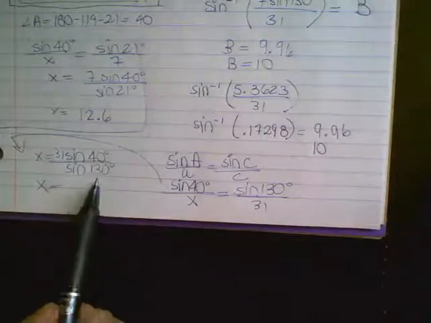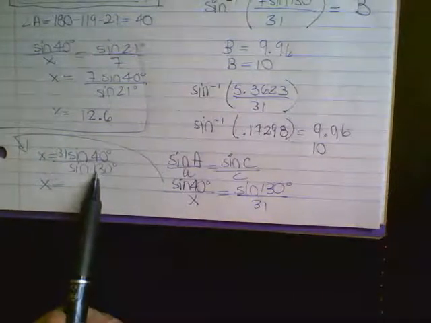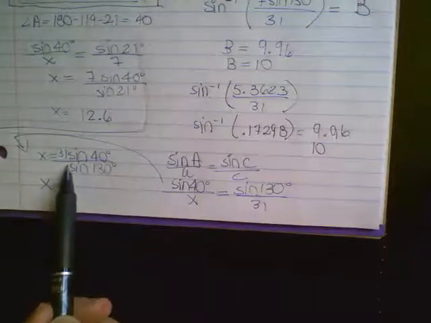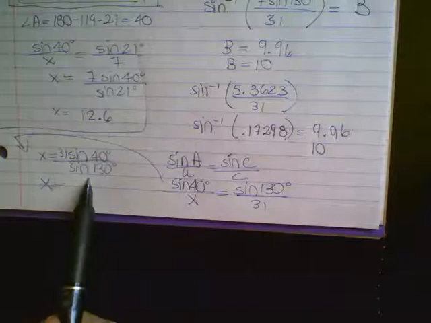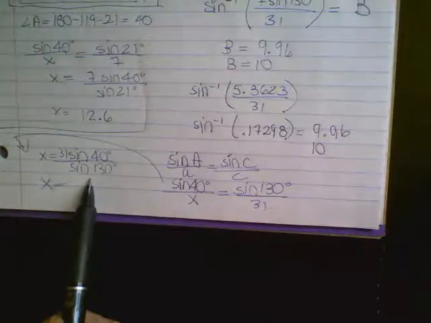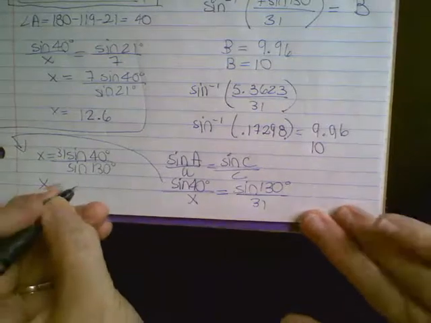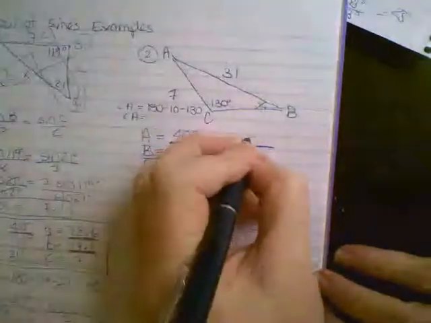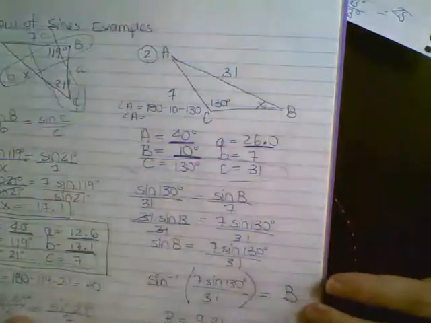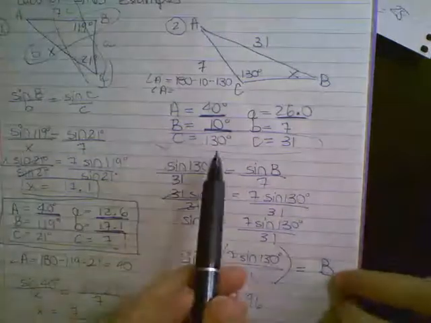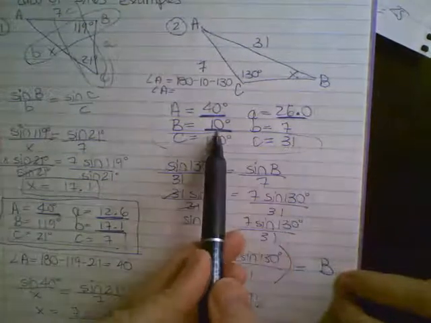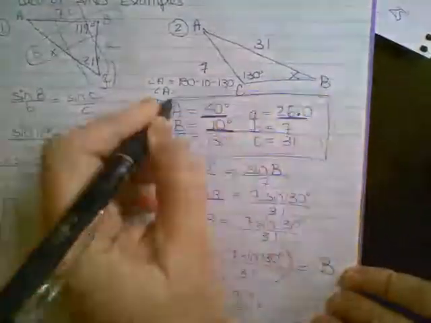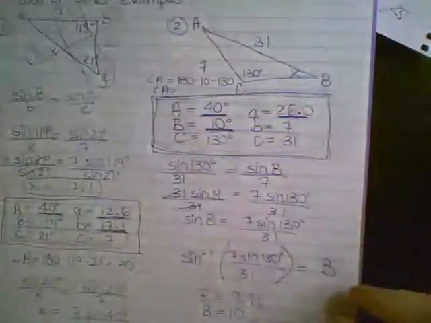So 31 sine 40, enter, divide by sine of 130, and I got 26.0. So again, largest angle, longest side, smallest angle, smallest side. There's nothing obviously that's missing. So I have solved the triangle.